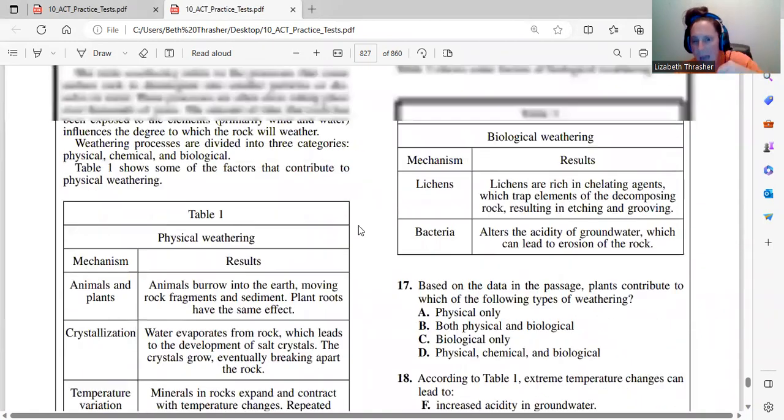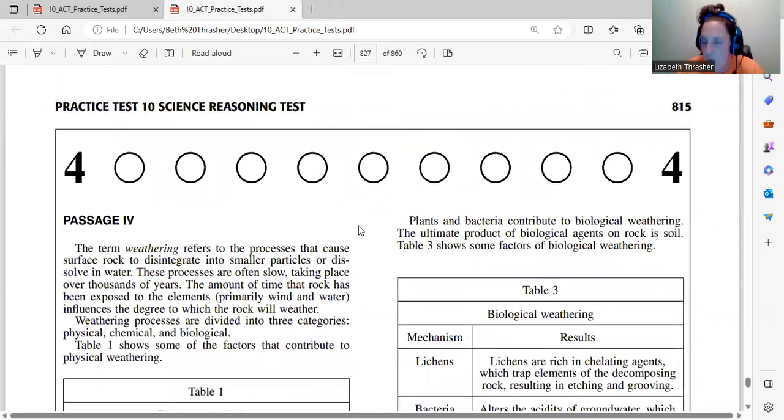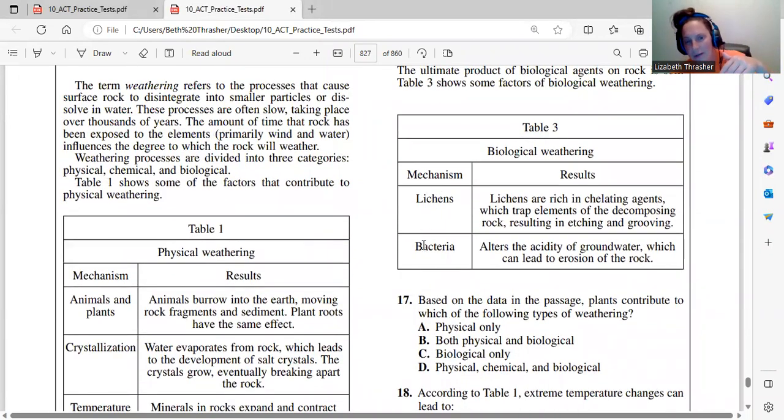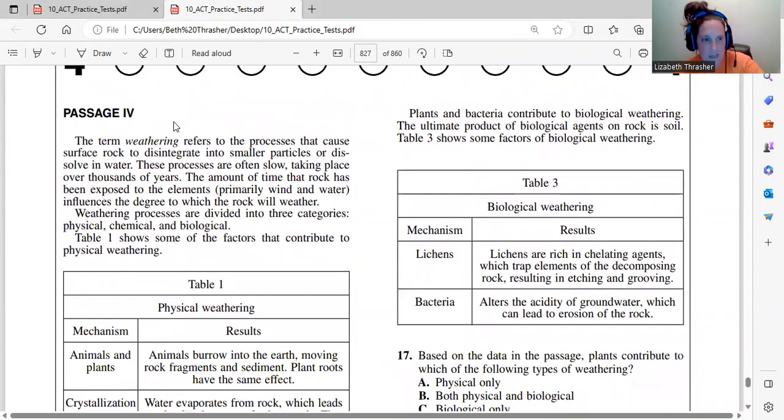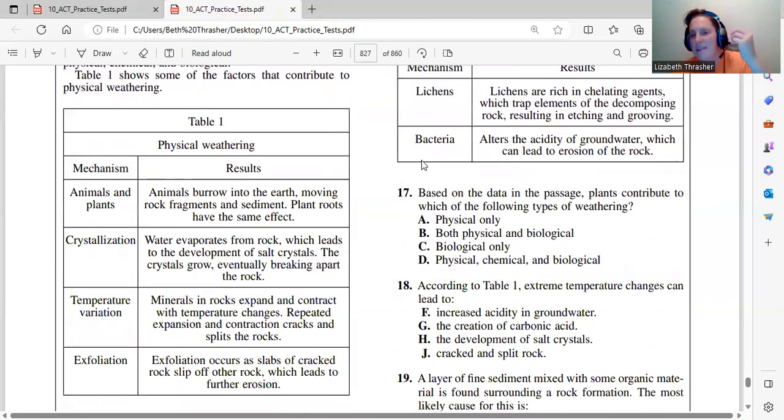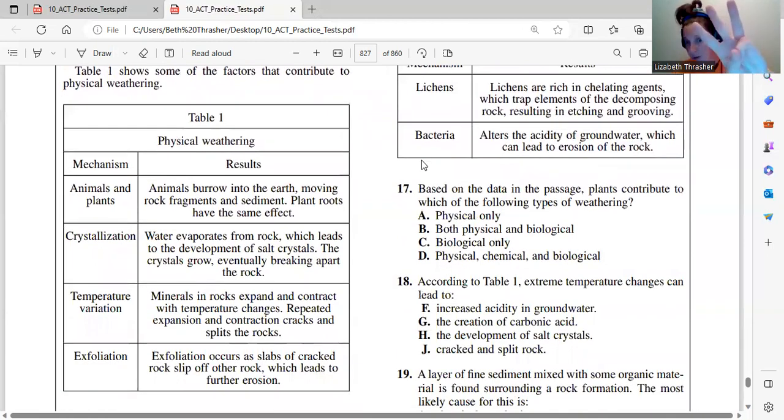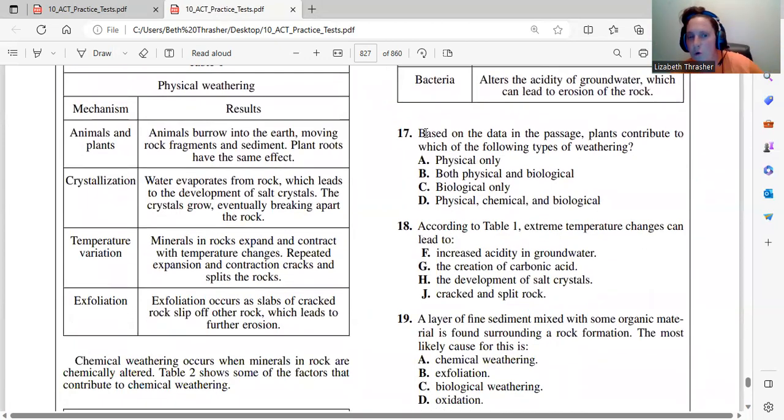So I'm measuring what kind of weathering, who's doing the weathering, and what the result is. It looks like we're measuring how rocks are being broken apart. Then that brings us to number 3, getting the general idea: weathering and how it's done on the rocks. Brings us to 4, I start to pre-read.